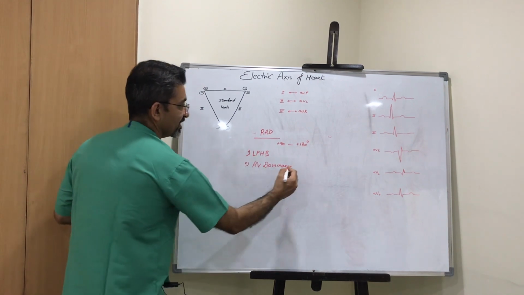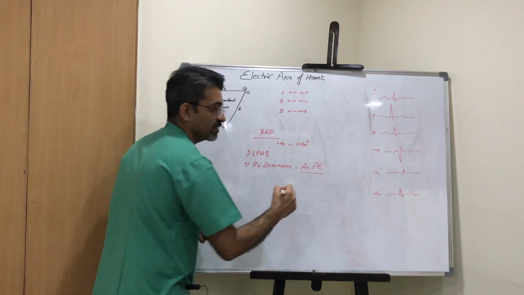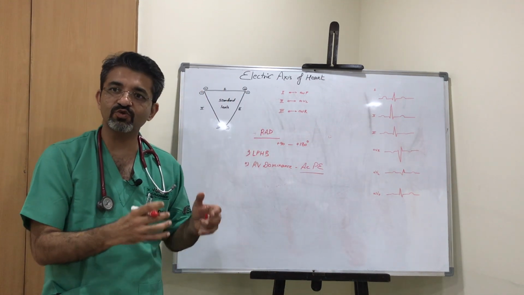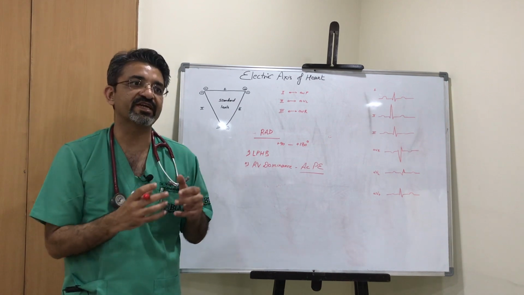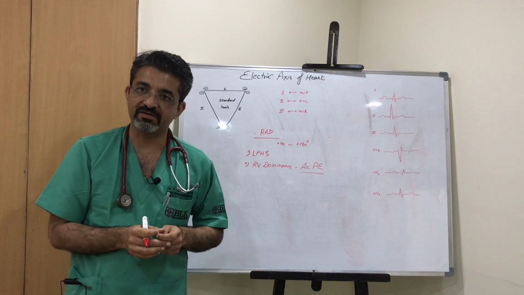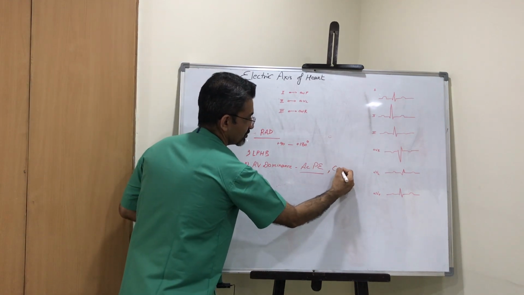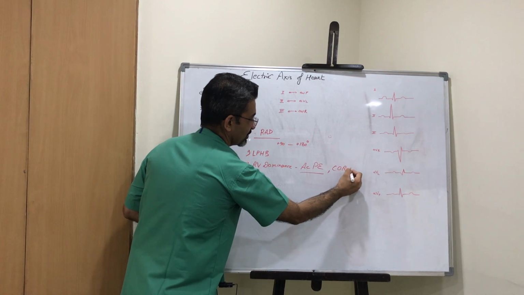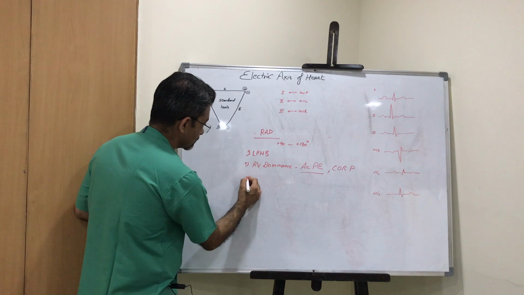Say for example, you have acute pulmonary embolism, acute PE. In acute PE, you have sort of acute cor pulmonale. So your right ventricle is strained. So electrical activity is directed towards that part, right? Acute pulmonary embolism, or acute cor pulmonale. Here you have right axis deviation.